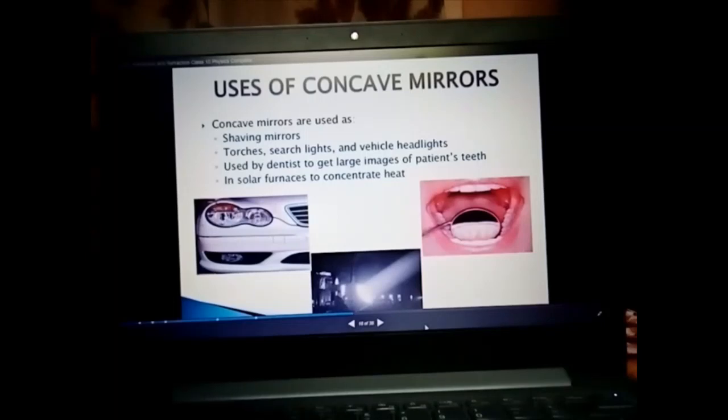It is also used as a makeup mirror by the makeup man. This concave mirror is also used in the solar furnace to concentrate the amount of heat which is coming from sun rays.